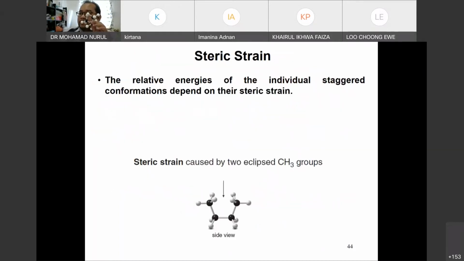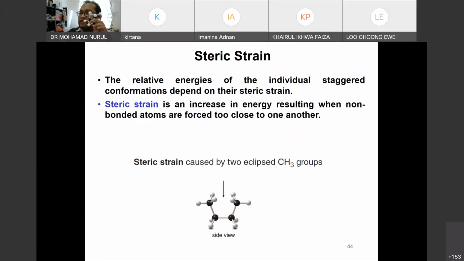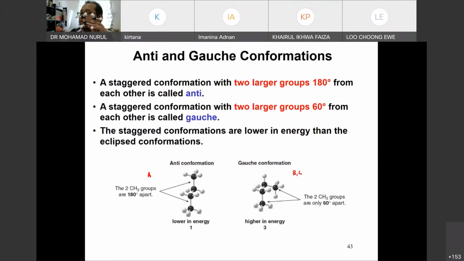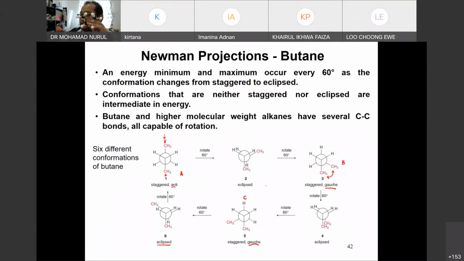The relative energies of the individual staggered conformations depend on their steric strain. Steric strain is an increase in energy when non-bonded atoms are forced too close to one another. In this case, we have the eclipsed conformer, referred to as number 4.